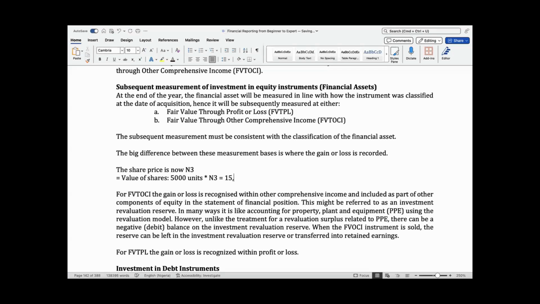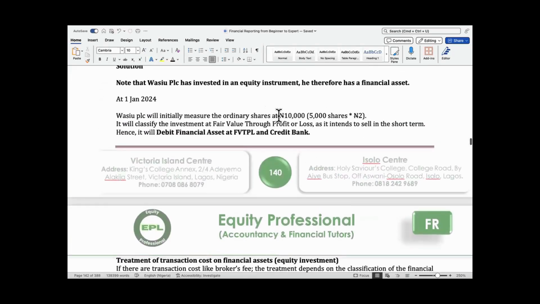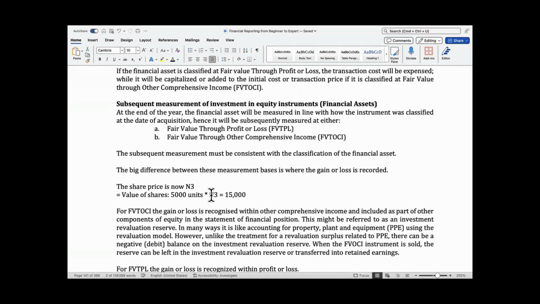So his value is now 15,000. But remember, these same 5,000 shares in his books at the beginning of the year were only worth 10,000. Now, because of changes in share price, it is 15,000. So this guy has made a 5,000 naira gain.